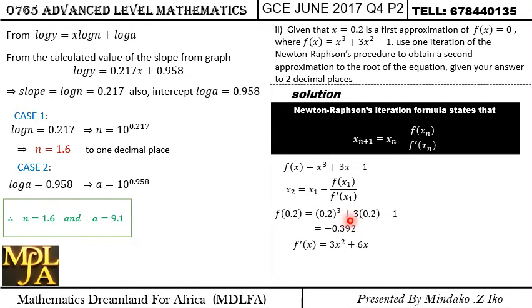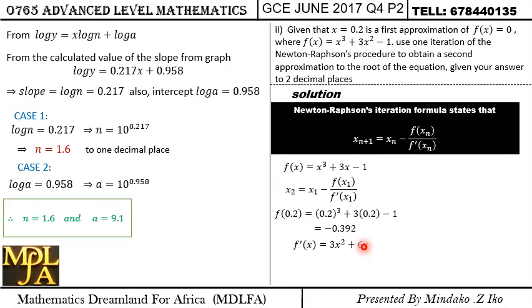So if I differentiate 3x squared, I take this 2, bring it down, multiply it with this 3, and drop the power by 1, such that I have 2 times 3, which is 6, then 6x, with 2 minus 1 being 1. That's why we have x here. So f prime of x is equal to 3x squared plus 6x.